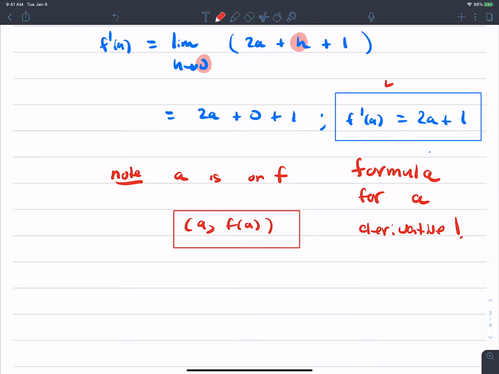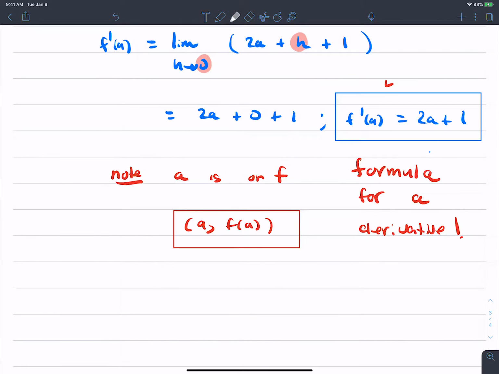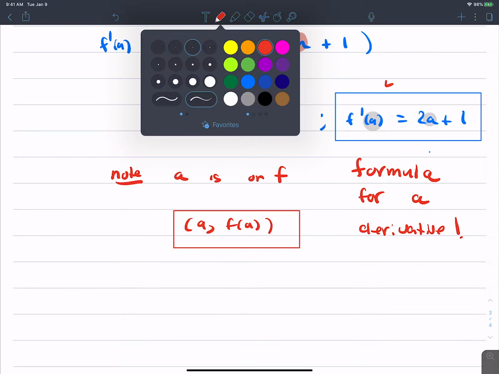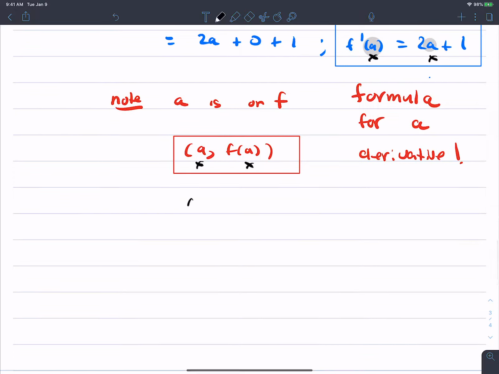So there's a relationship here, and we're getting this in terms of a. But I think I did mention this: what you can do here is replace that variable a with maybe x. And you say, I can do that? Yeah. And you say, why would I do that? Well, because you're used to seeing, for example, the point on the curve as x, f of x.